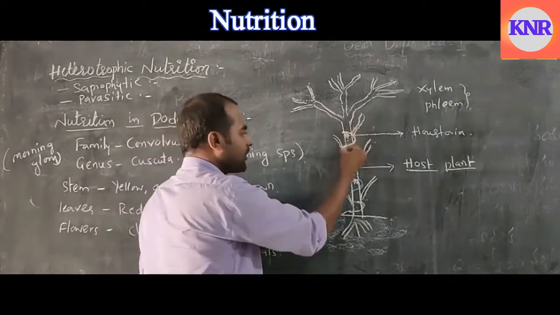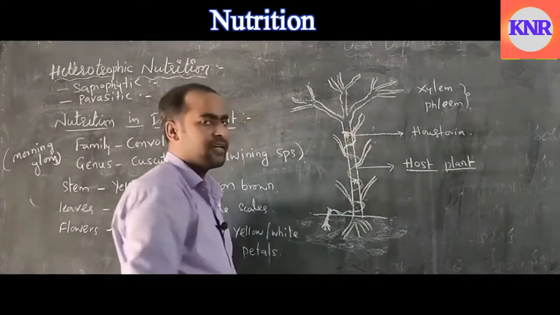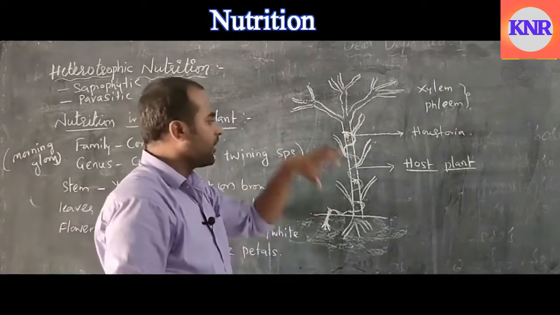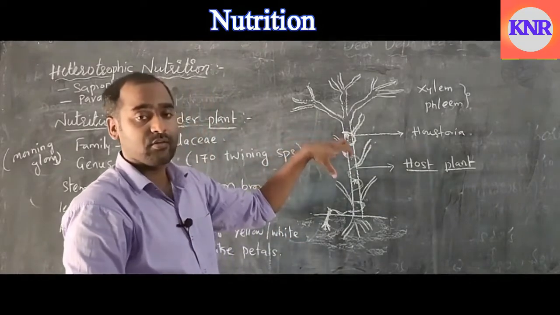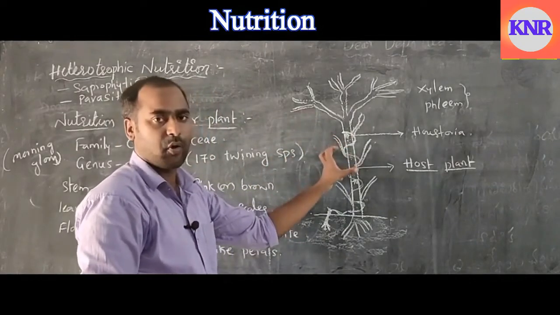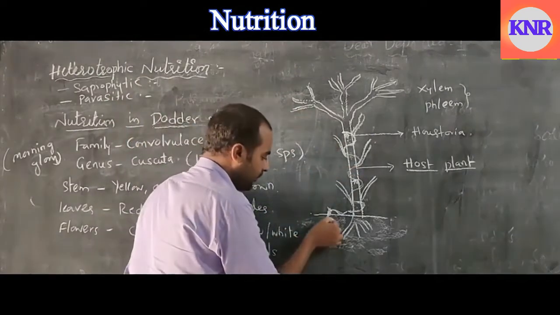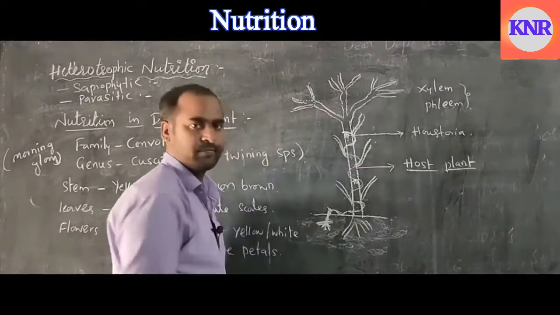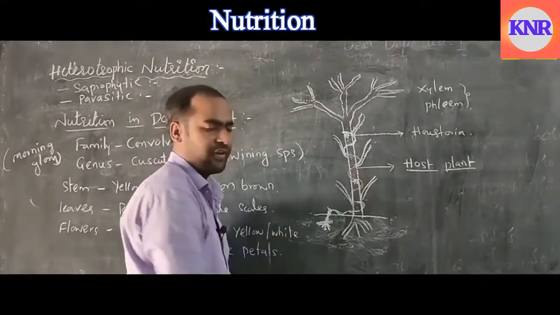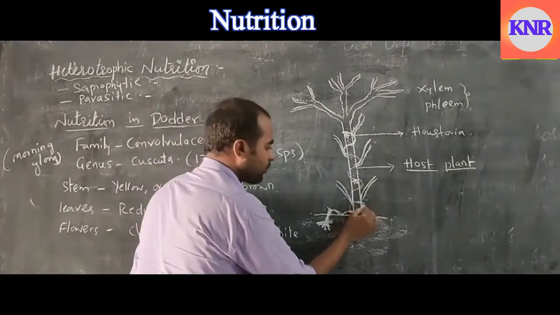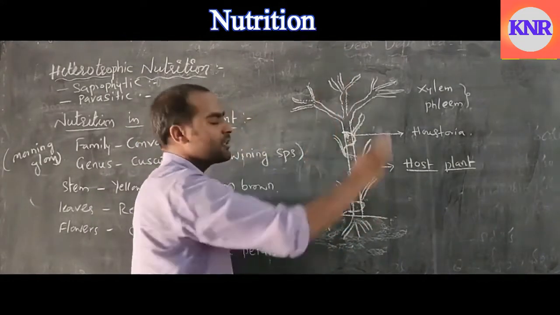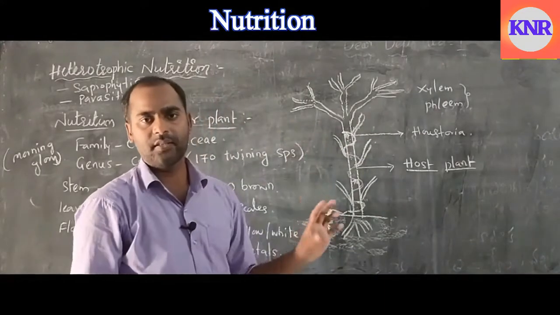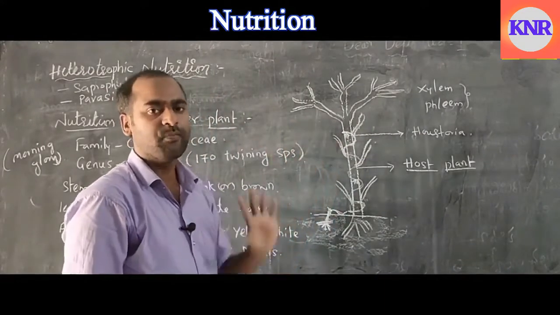By penetrating Haustoria into the host plant's body, the anchor root will rot and be given off. Then the plant will be totally settled on this host plant.